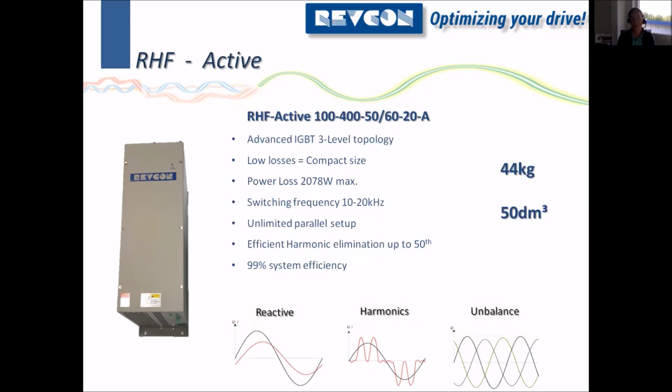So we can have a switching frequency in this setup up to 20 kilohertz. And at the same time, our power losses will be less than half of those from a 2-level design. That's the benefit of the 3-level topology.